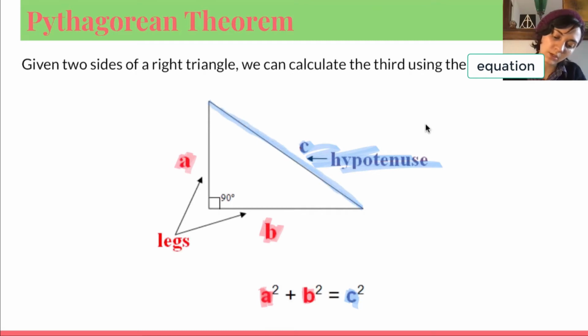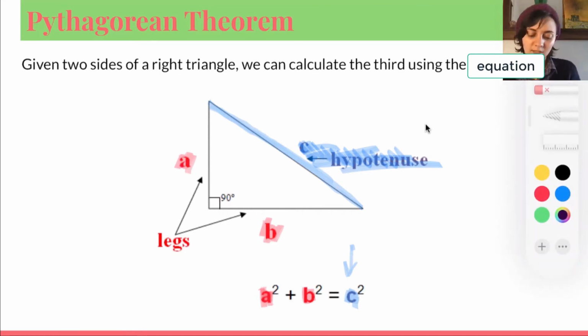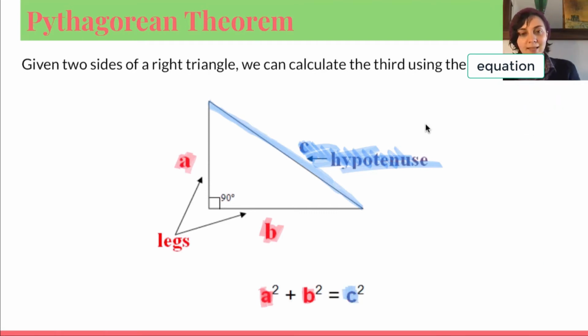So this equation only works if we have our hypotenuse, the longest side, on the side by itself. Okay? So the two smaller legs squared add up to equal the one longer side, which is the hypotenuse. So it is really important that the hypotenuse is always the side that's on its own.